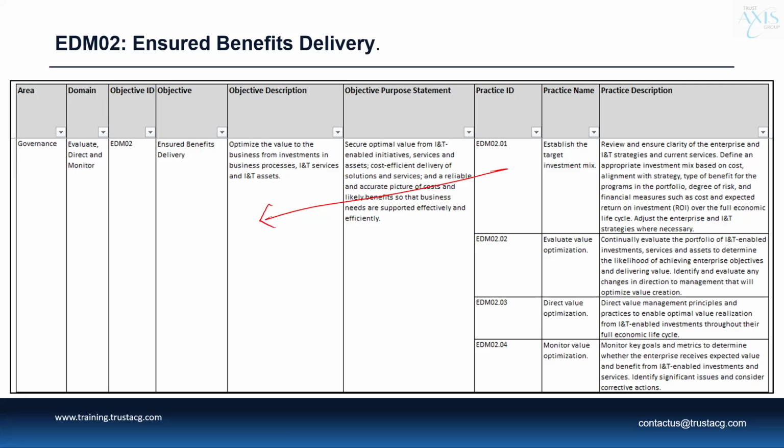So, first things first, you can create and maintain what you would call an investment portfolio, right? Here you will be developing a comprehensive portfolio of IT enabled programs like digital transformation programs or the services and the assets that form the core of your IT budget. Now, this would basically ensure there is transparency and there is alignment between the IT and business strategic initiatives or priorities.